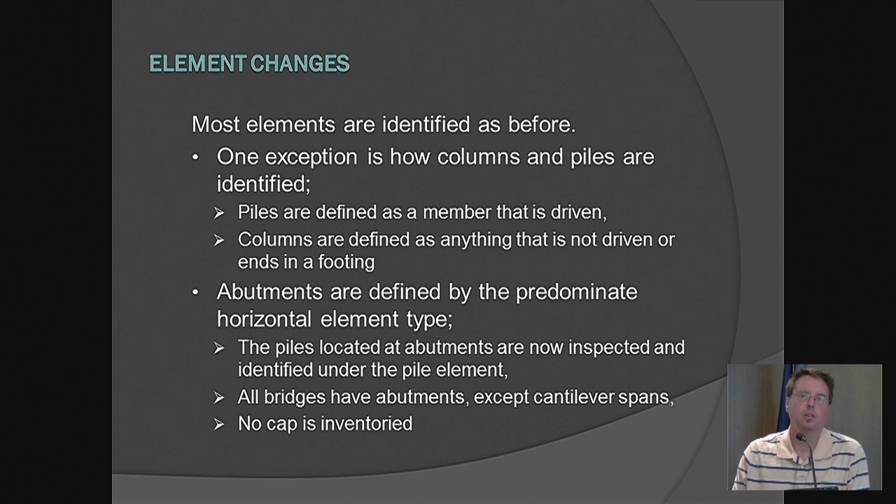That's called an abutment. So when you're trying to quantify what you have for your structure, you'll have an abutment at each end, and then in the interior you might have a cap on top of piles.